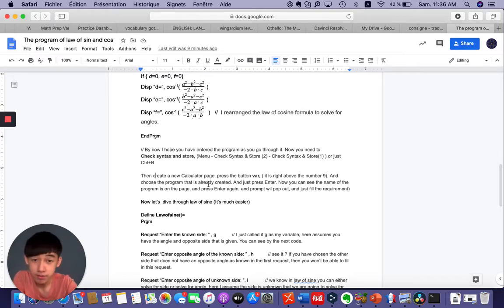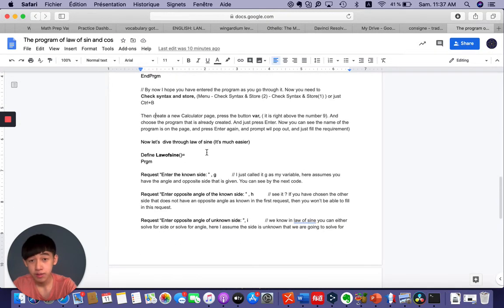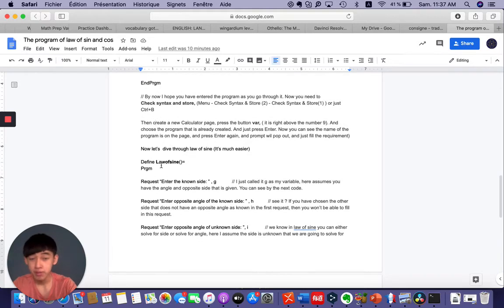As you press var, you can find your program law of cosine, and you can just press enter, and you can see the prompt pop out on your calculator, and then you can use it according to your situation. So now we will go through law of sine.